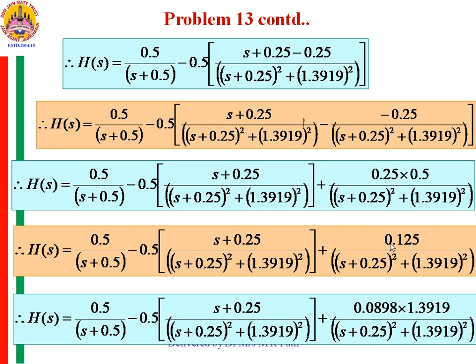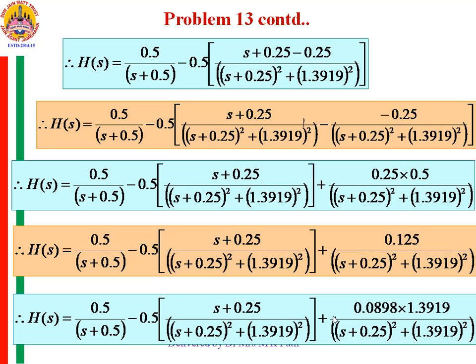So this 0.125 I divide by 1.3919 and it will remain with 0.0898. So this 0.125 is a product of 0.0898 and 1.3919. Now for this term you can directly obtain the sinusoidal inverse Laplace transform.